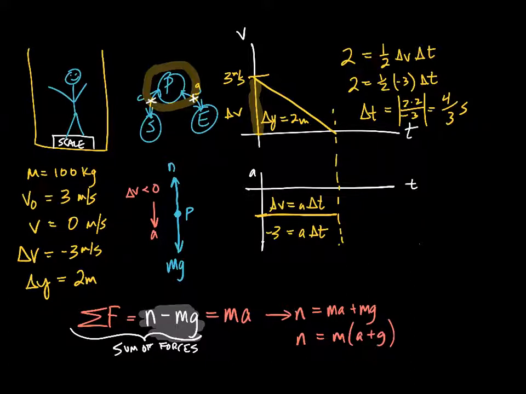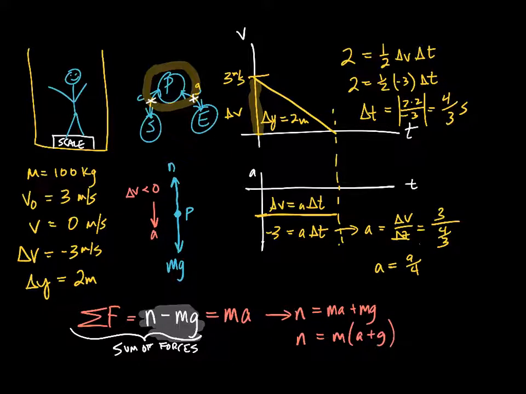And that means the acceleration is going to be just delta v per delta t, or, let me back up here, 3 over 4/3, so my acceleration ends up being 9/4.